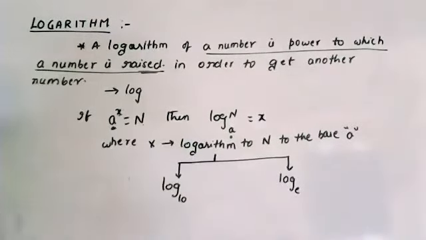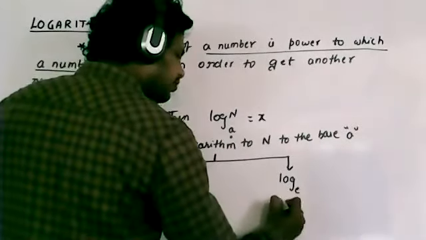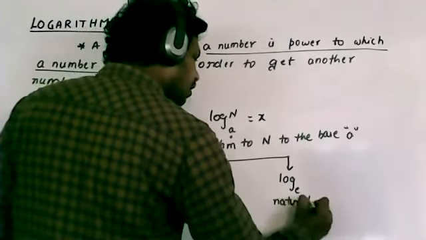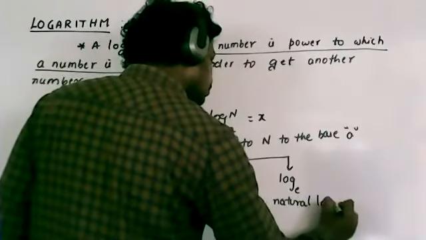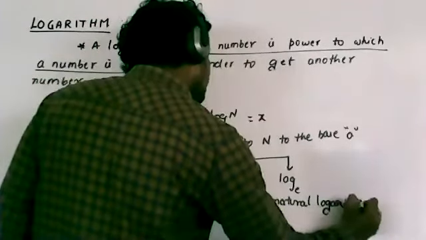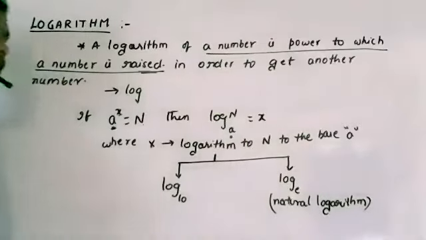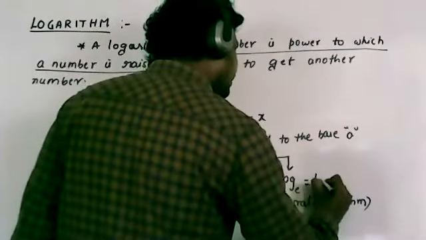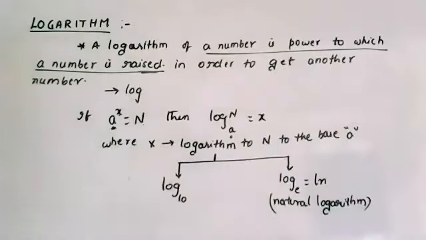Now remember, log base e is called the natural logarithm. This can also be written as ln.